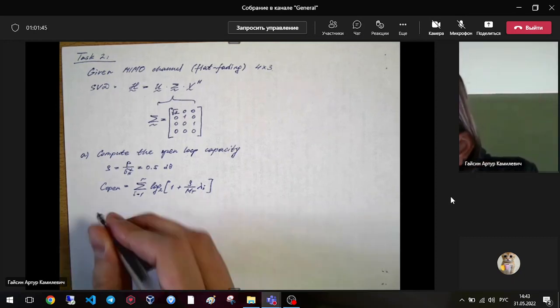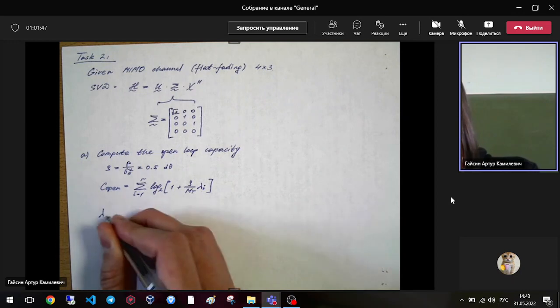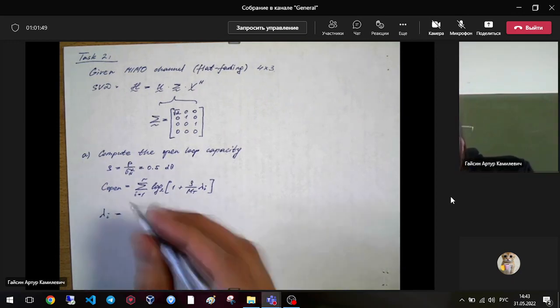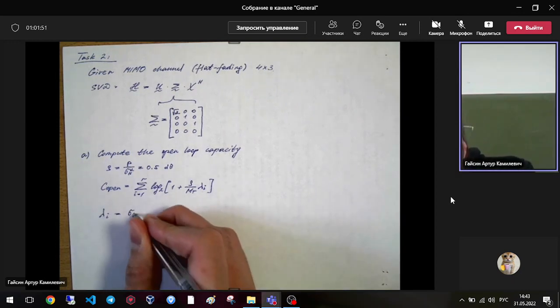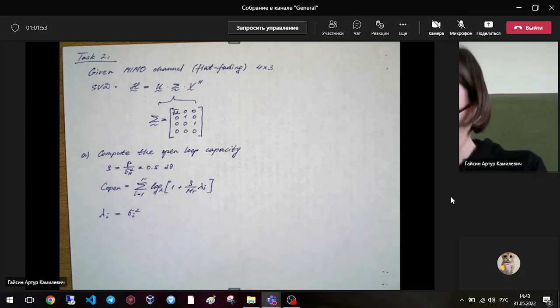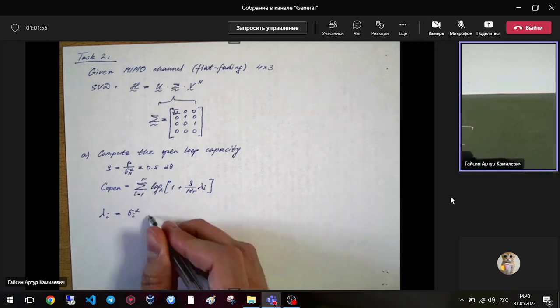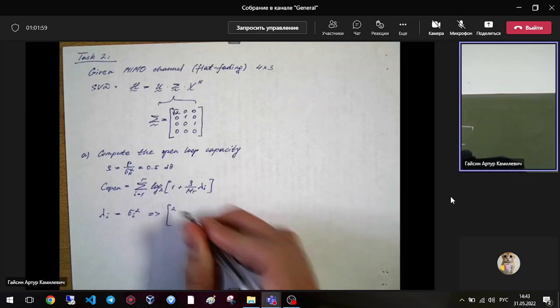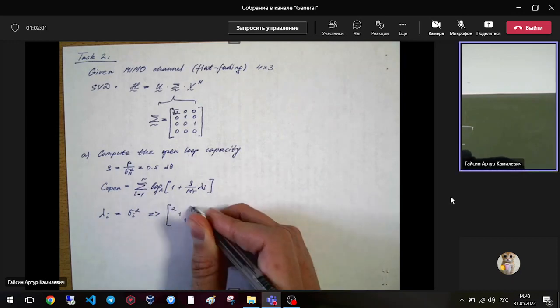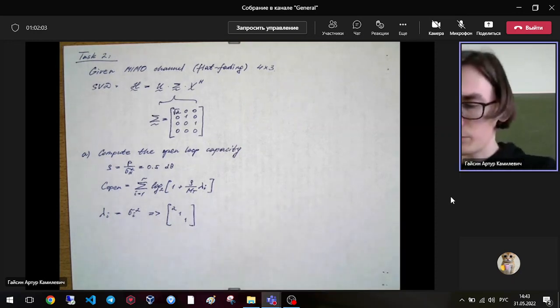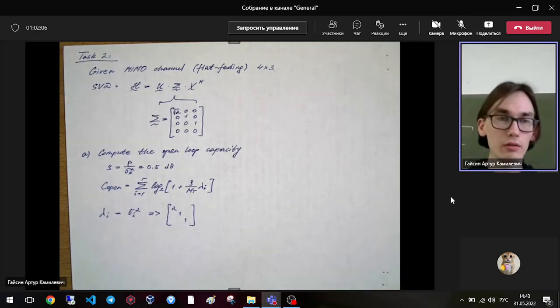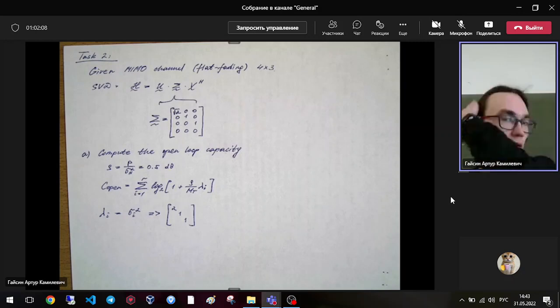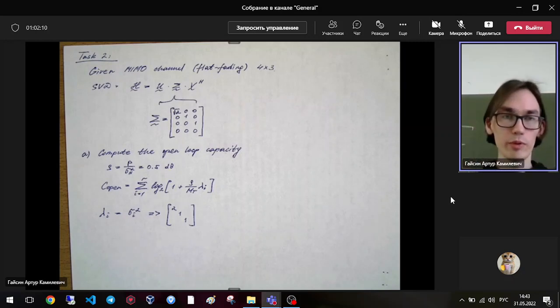So these eigenvalues are just the square of singular values. In this case, we'll have this matrix of 2, 1, 1 for eigenvalues. And then we can calculate this open loop capacity.